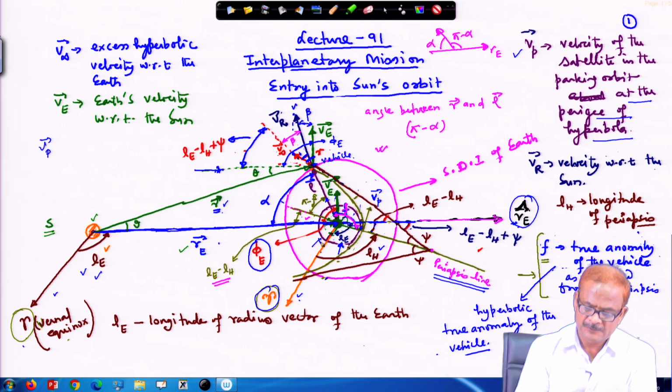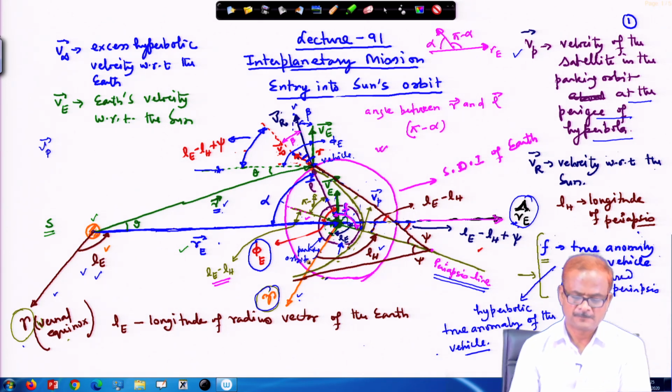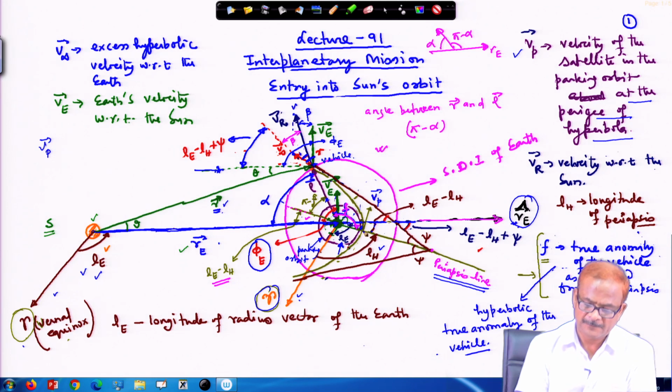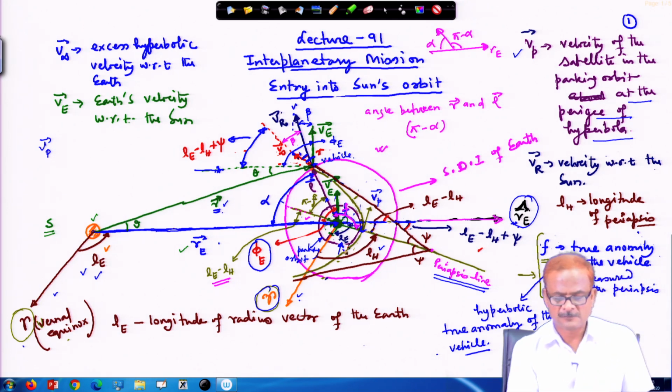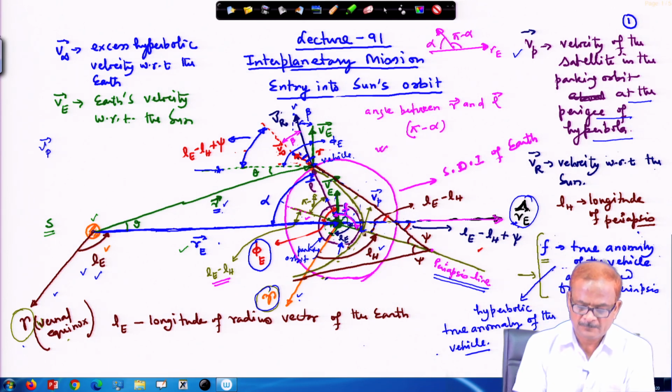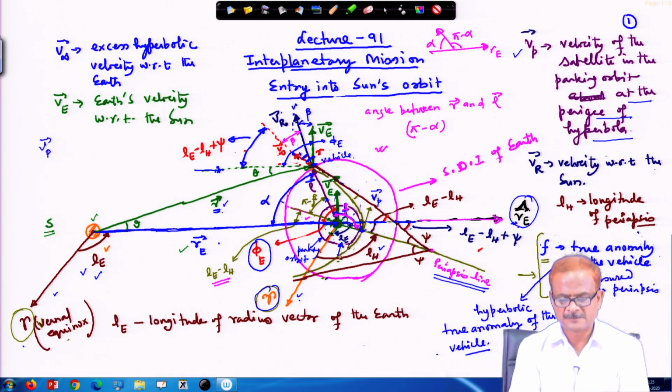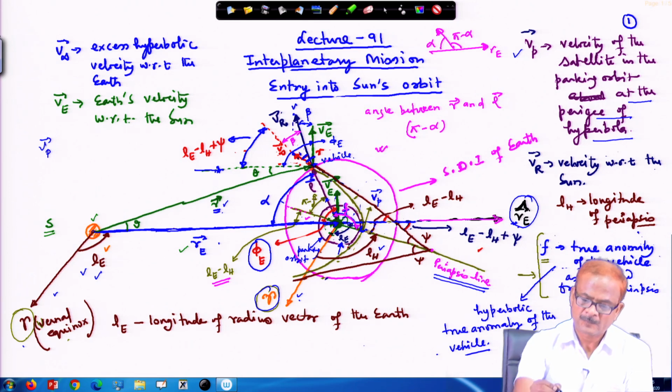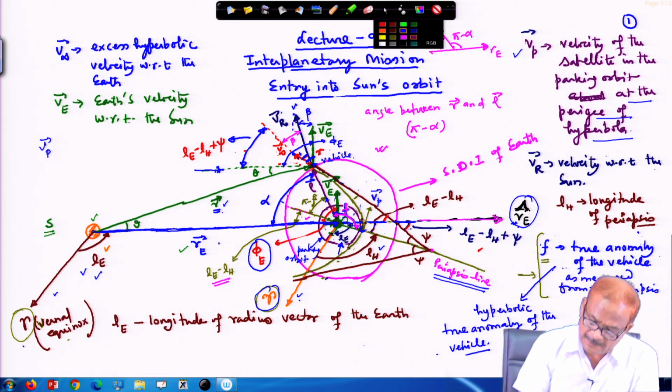This line is your parking orbit. In the parking orbit, at this point where the periapsis is located, we give an impulse. The parking orbit and the hyperbola perigee are touching each other.